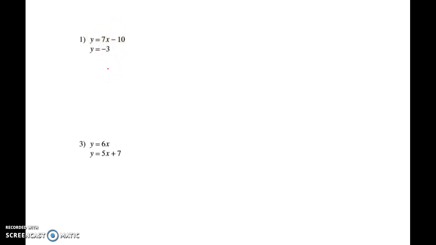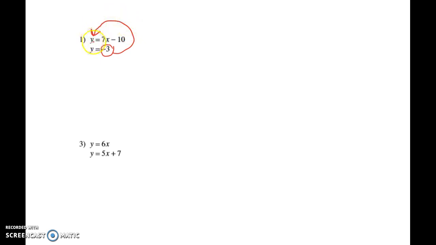For instance, I'm going to take this y and substitute it into that equation right there. So you're taking part of one equation and substituting it into the other equation.